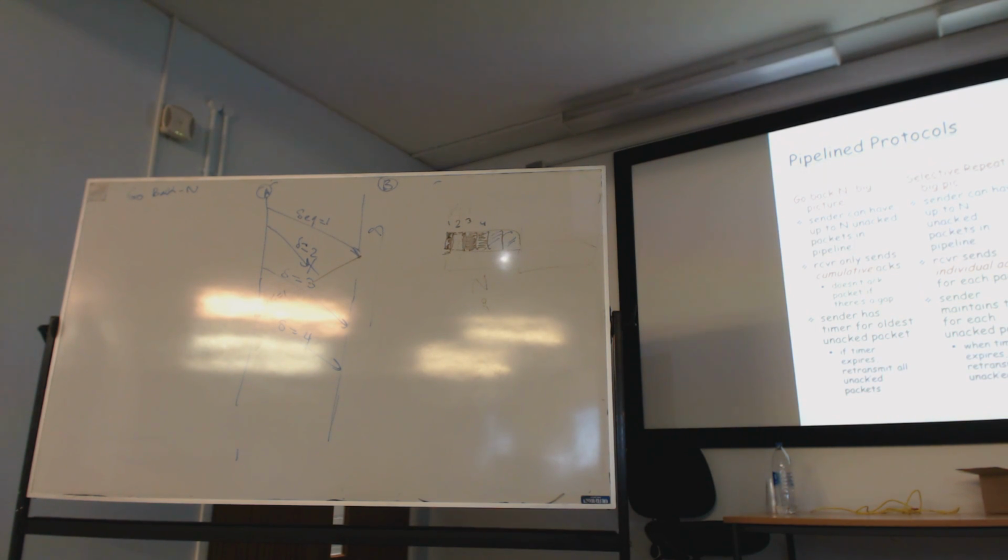In Go-Back-N, the receiver only sends what we call cumulative acknowledgements, i.e. it doesn't acknowledge packets if there is a gap, i.e. out of order, it discards them or sends a negative acknowledgement. In selective repeat, the receiver sends an individual acknowledgement for each packet. He waits, he buffers. In Go-Back-N, the sender has a timer for all the unacknowledged packets.